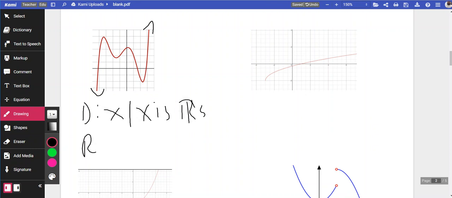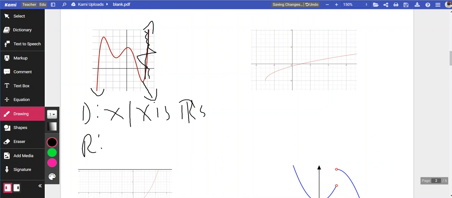And then if you look at my range for this guy, the range is also all reals. But let's say hypothetically that we take this part out, and I actually made a mistake. So let's just pretend it goes down this way, so this part of the graph does not exist.